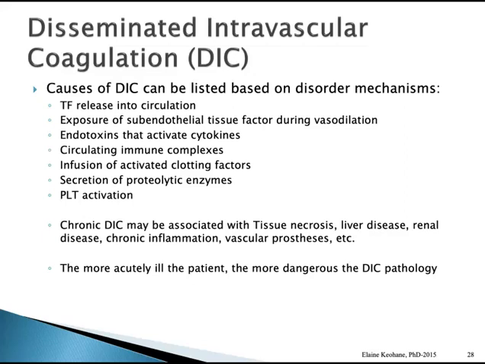Chronic DIC is known to be associated with tissue necrosis, liver disease, renal disease, chronic inflammation, and vascular prostheses, etc. The more acutely ill the patient is, the more dangerous DIC becomes.